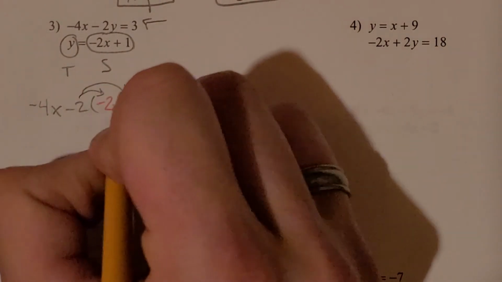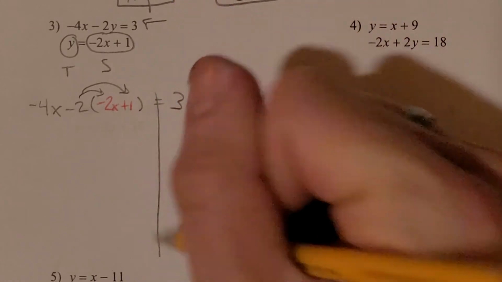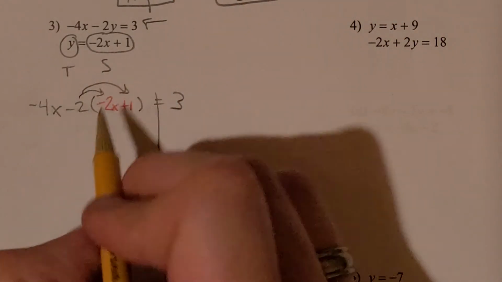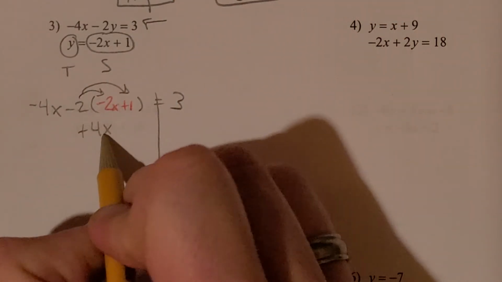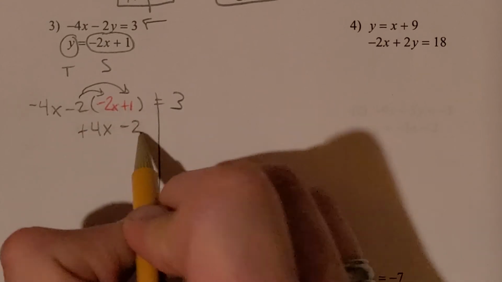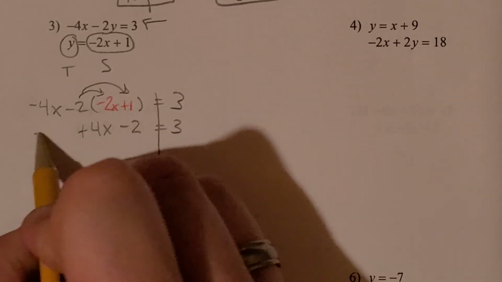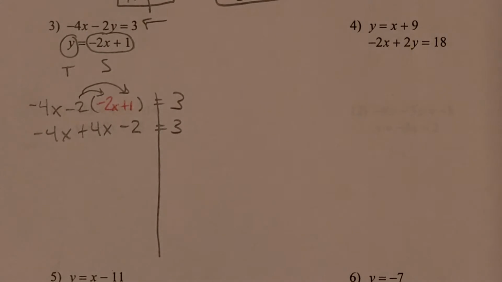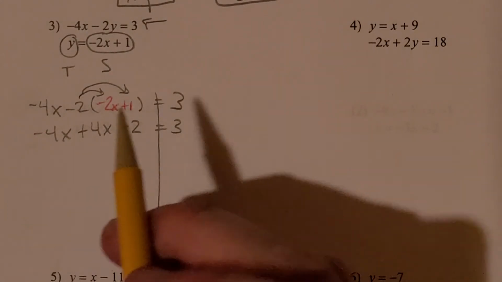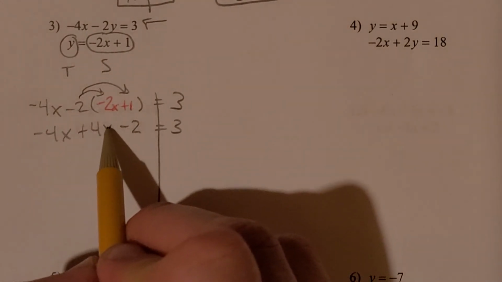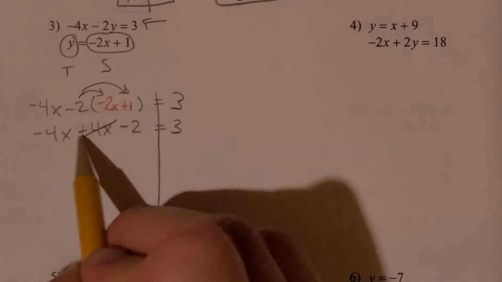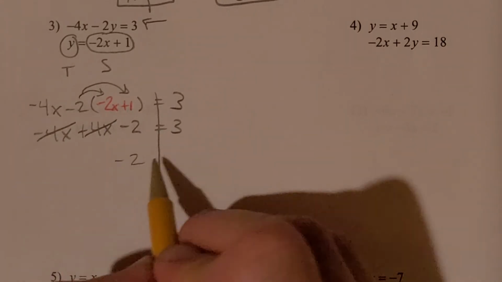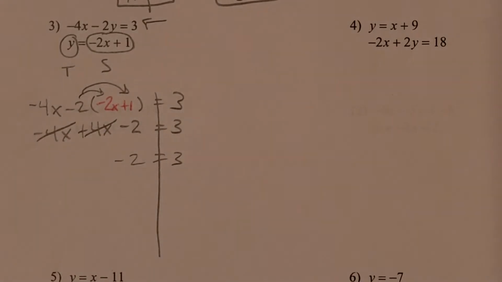First says get rid of parentheses. Negative 2 times negative 2x is a positive 4x. Negative 2 times 1 is minus 2. We haven't done anything with the rest of this stuff. All right, then we combine like terms. Negative 4x and 4x. Oh, shoot, those go away. Now I'm left with negative 2 equals 3. Oh, does that look familiar? It should.